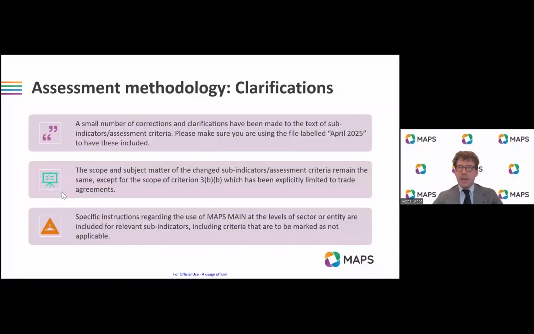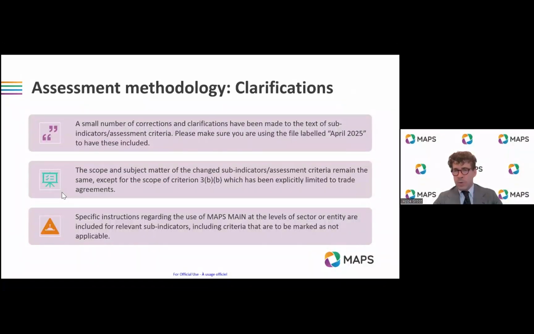So for one particular sub-indicator, we have scoped the subject matter a little bit. I will also detail this a bit more, but this has to do with sub-indicator 3B, assessment criteria B, where we have made a specific limitation to trade agreements. Again, in a little while, I will come back to this. And then we have added some specific instructions regarding the use of MAPS main at the level of sector and entity.